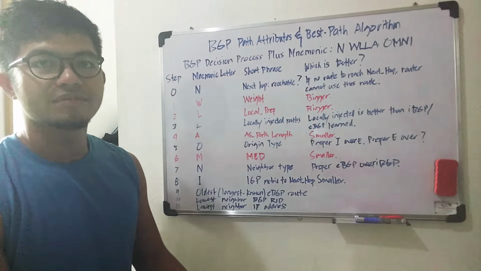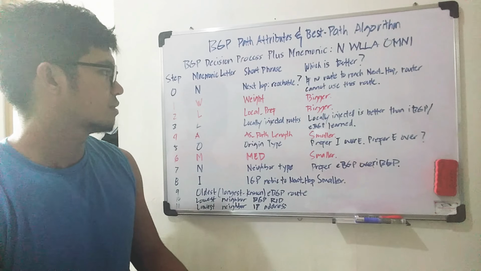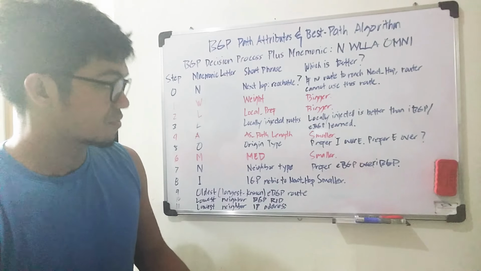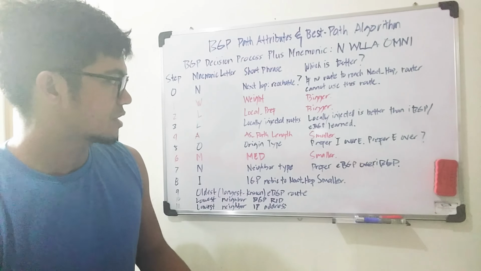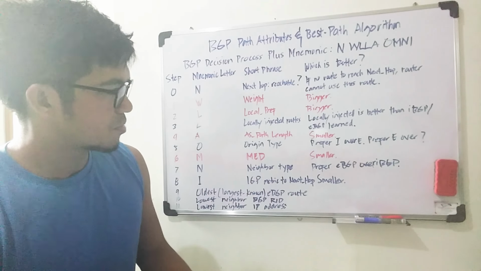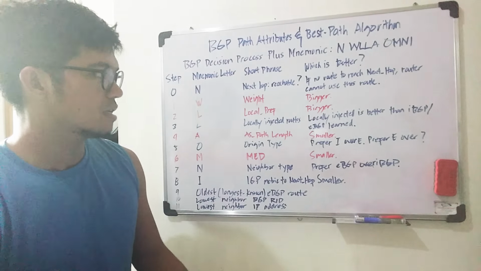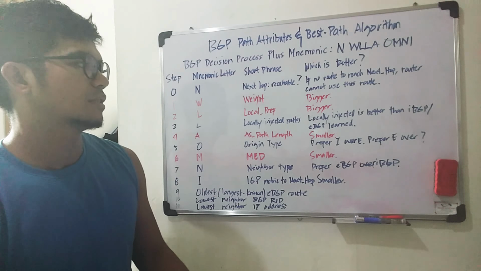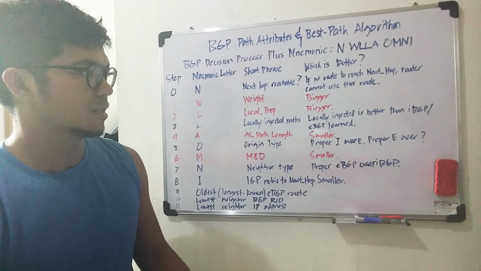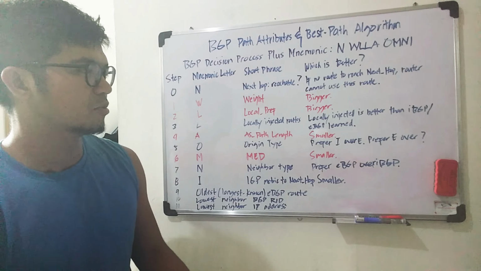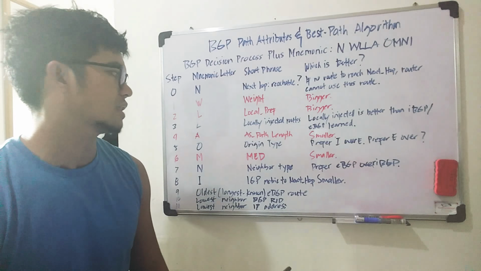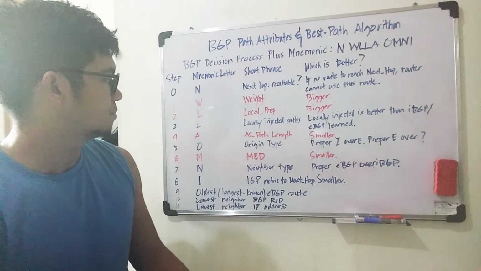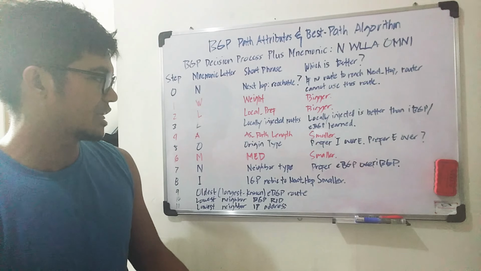And step 5 is origin type. BGP is going to prefer the I over E, and E over question mark, or incomplete, or as some other documentation uses, undetermined. And step 6 is MED, or multi-exit discriminator or metric.